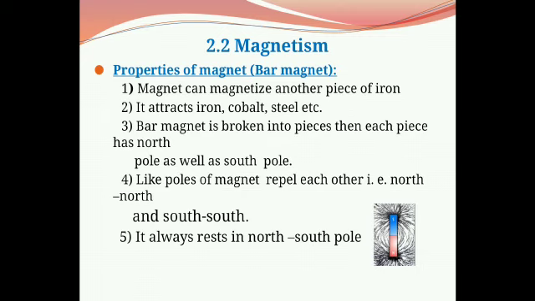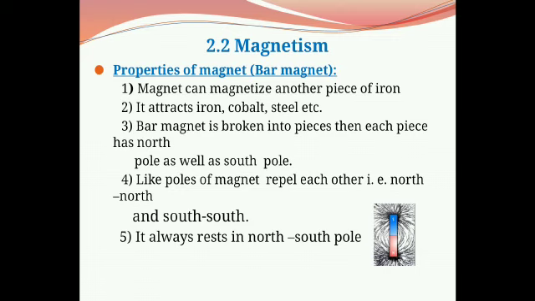Third property, when a bar magnet is broken into pieces, each piece has a north pole as well as a south pole. That means when we cut that bar magnet into a number of pieces, each piece has its north pole as well as south pole.